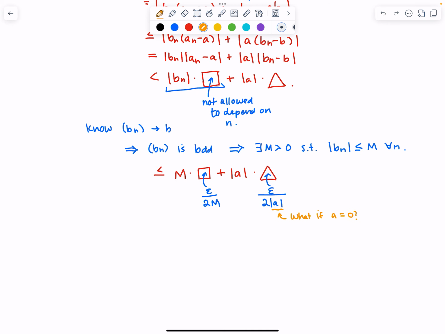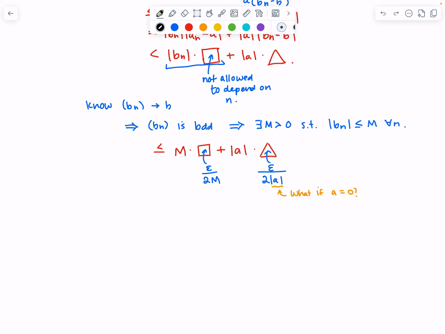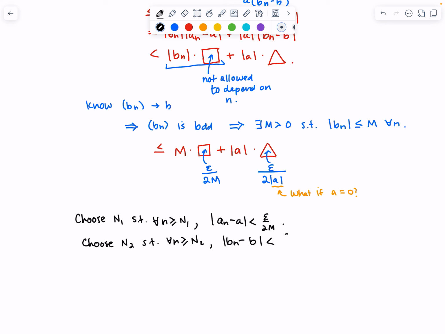So proceeding as if we're in the case when a isn't 0, then we know we're gonna choose capital N1 such that for all n greater than or equal to N1, the absolute value of An minus a is less than epsilon over 2m, and we're going to choose N2 such that for all n greater than or equal to N2, the absolute value of Bn minus b is less than epsilon over 2 times absolute value a.